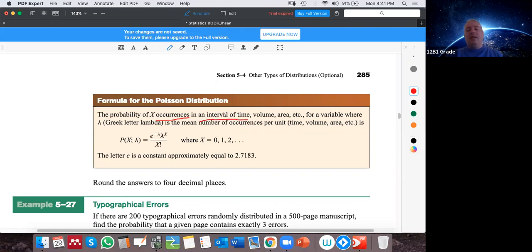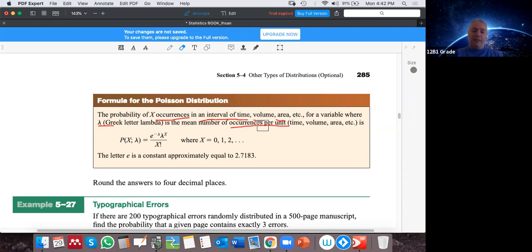So let's say in the morning, in the afternoon, or all the Mondays, all the Wednesdays, all the Fridays, once a month, twice a week. So there is a time period, or a volume, or an area of the figure. For a variable where lambda, a Greek letter, is the mean number of occurrences per unit.